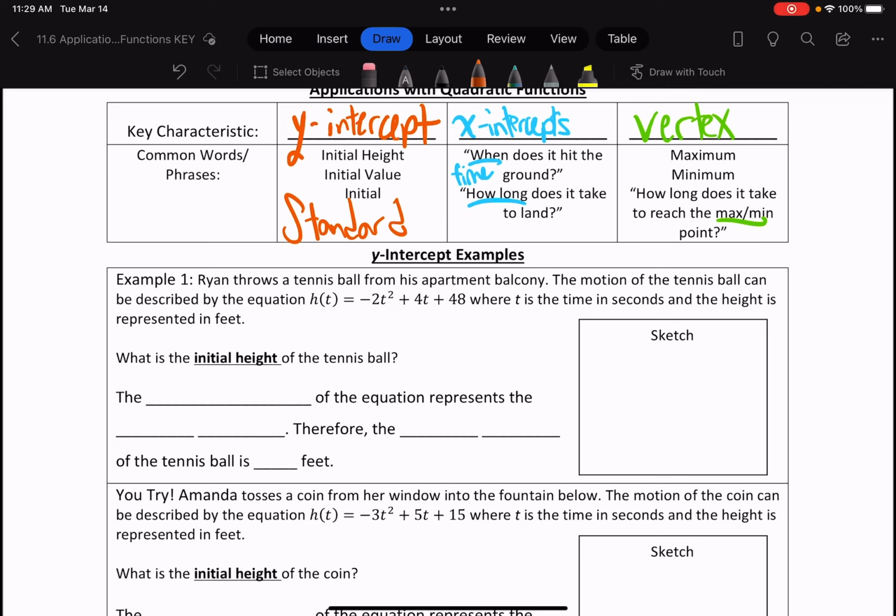I need to figure out where I'm actually starting. If I'm looking for an initial height, I go back to those key characteristics, and I need to find the y-intercept. So I'm going to say that the y-intercept of the equation represents the initial height.